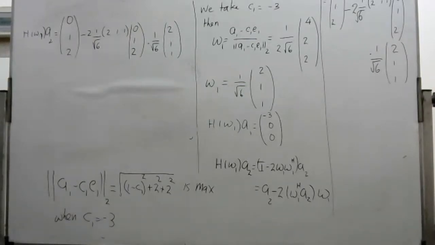Okay, so this is the multiplication you have for h omega 1 A2.